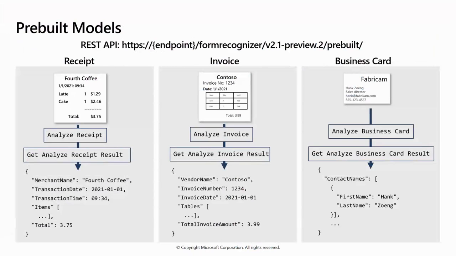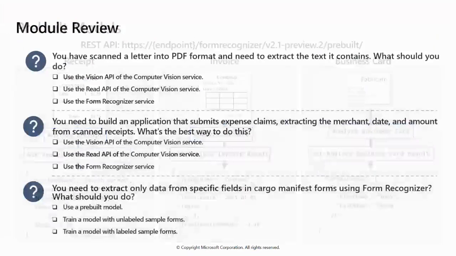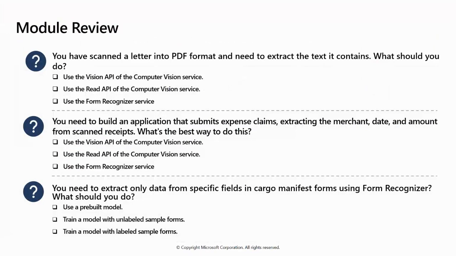Okay. Now, let's take our module review. You have scanned a letter into PDF format and need to extract the text it contains. What should you do? I will give you a couple of seconds, guys, and then I will show the answer.